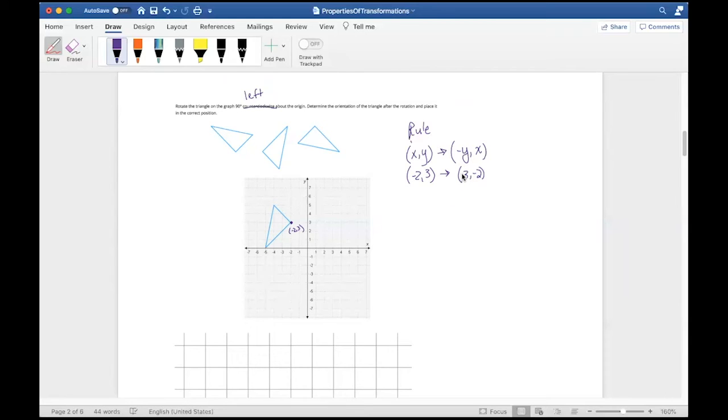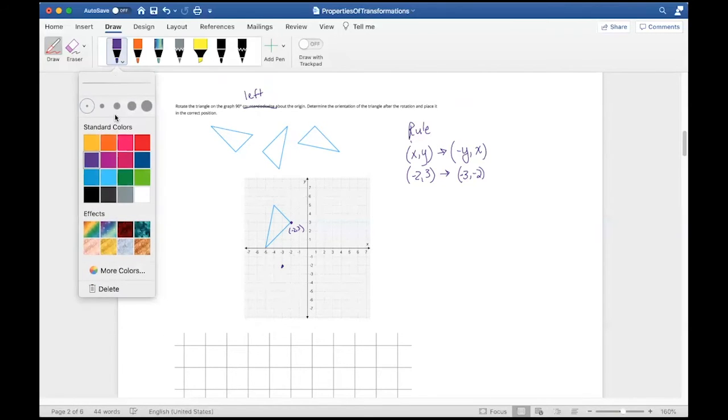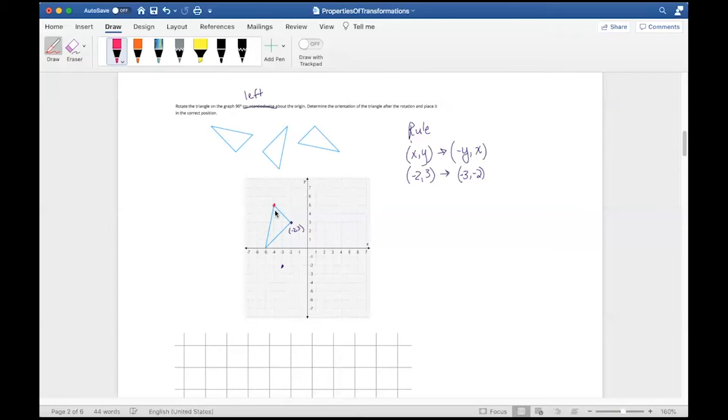So in this case, it's going to become a negative. So that's going to go (-3, -2). So that point will now be here. All right, let's do another point. So that one is (-4, 5).